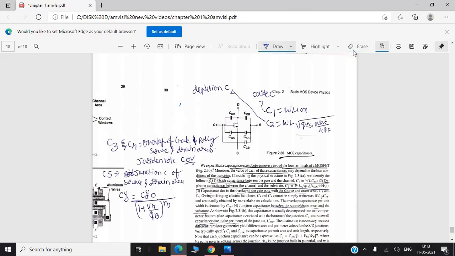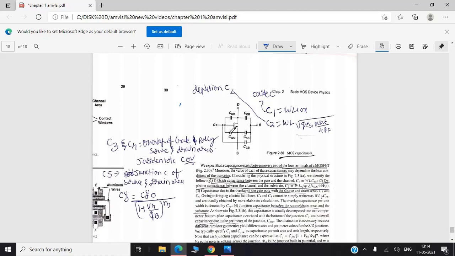When the device is connected in this format, there will be a number of capacitors surrounding the device. First is the capacitor between the gate and the source. These are all parasitic capacitors, meaning capacitors which are unnecessarily formed.